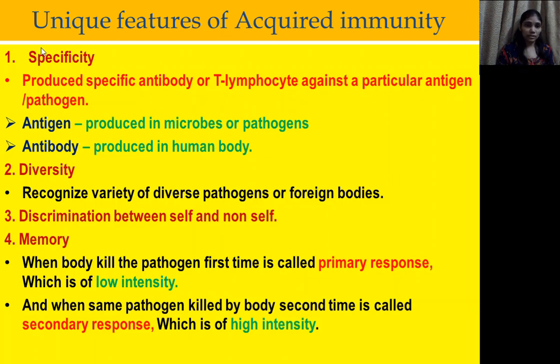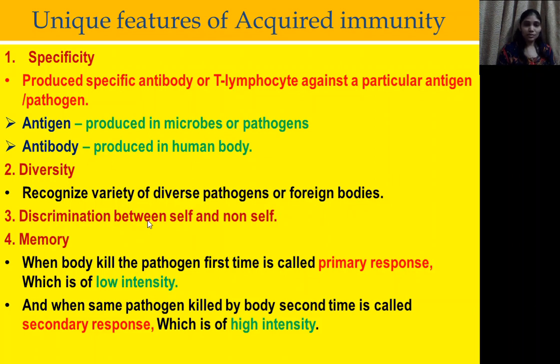We know that antigens are pathogens or foreign bodies or microbes, and antibodies are produced in the human body. Then diversity: there are different varieties of pathogens and foreign bodies present in nature. This is called diversity.